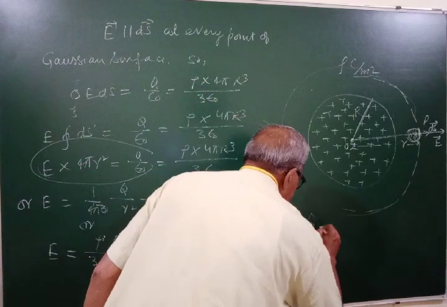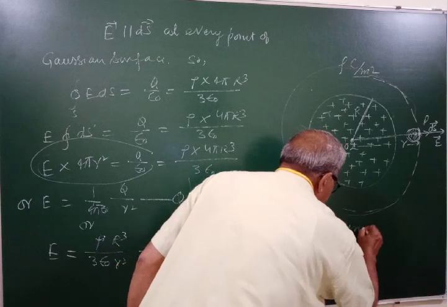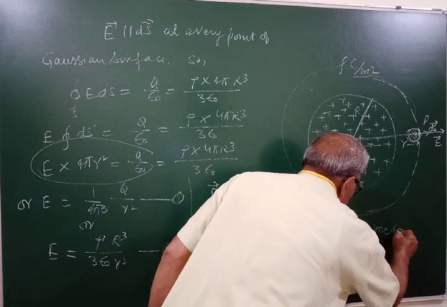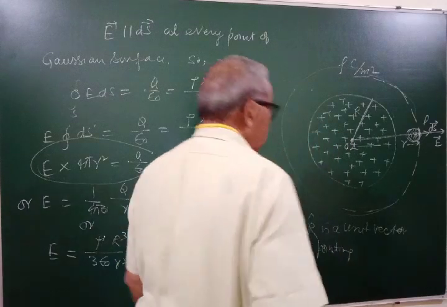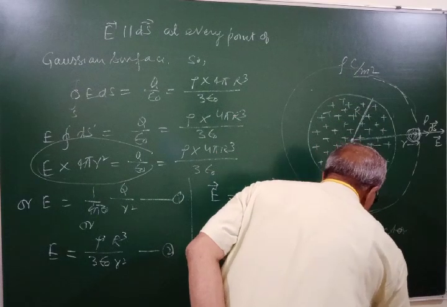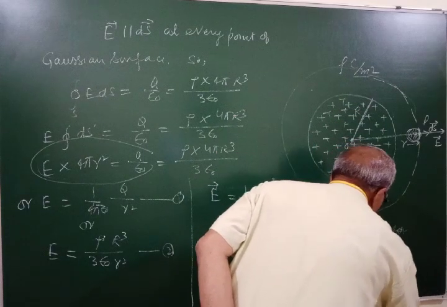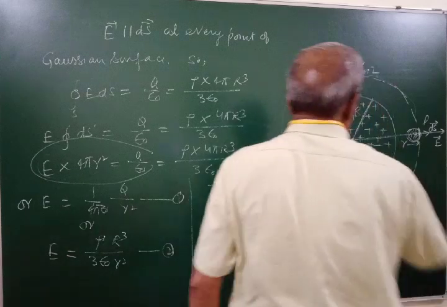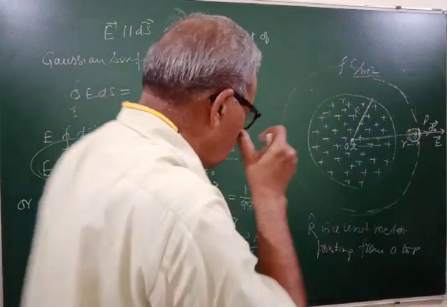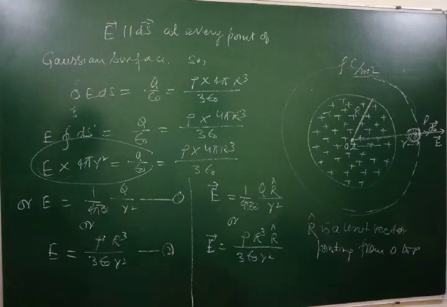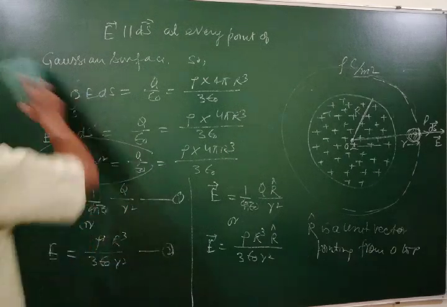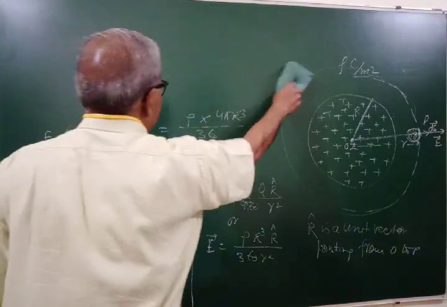Here r cap is a unit vector pointing from O to P. P may be here, may be here. So the direction r cap, you can take as n cap. I take it here just as a formality. So this is the electric field at any point outside.